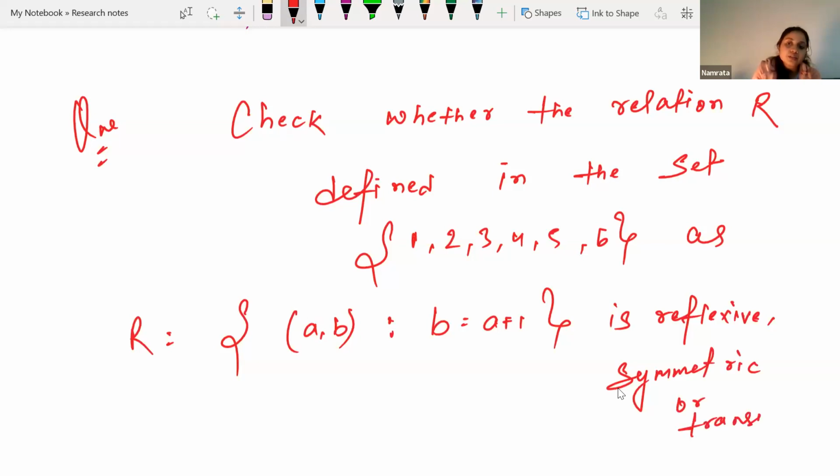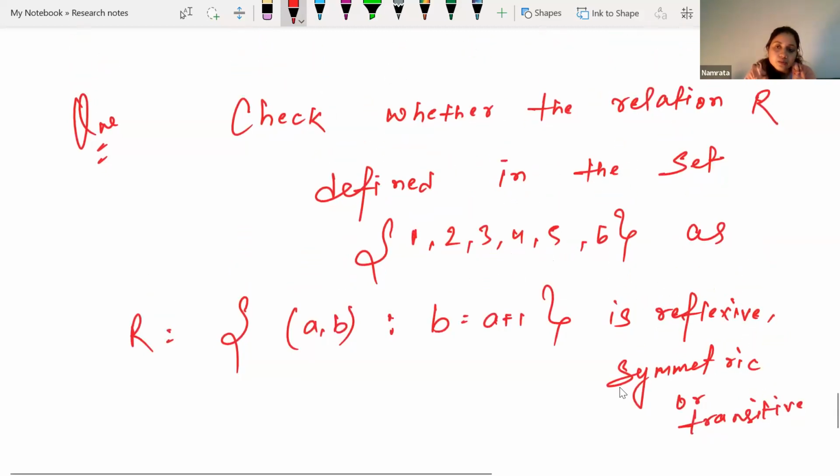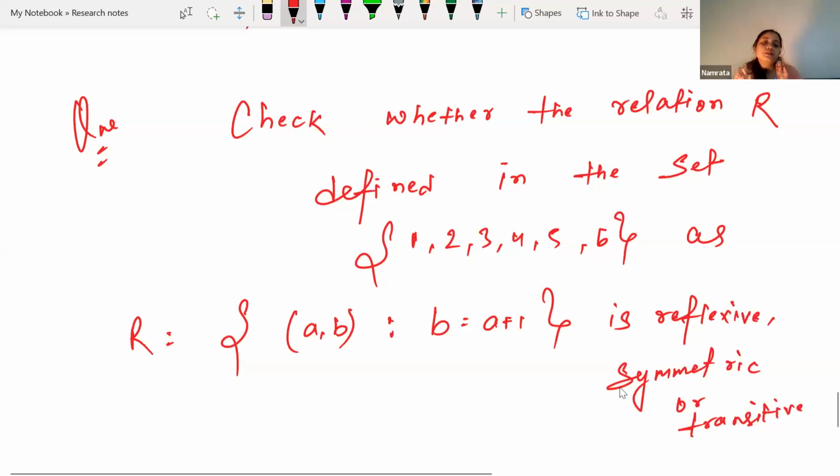We have to check whether it is reflexive, symmetric or transitive. Okay, so R is given, B is equal to A plus 1. So reflexive, what does it say?